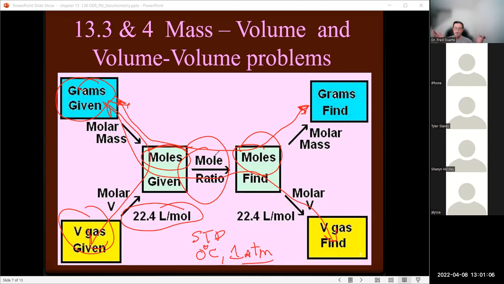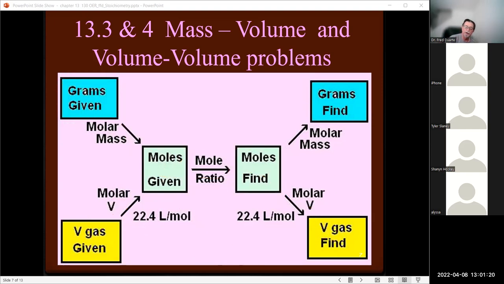And from that point, you can go either to grams of what you're looking for, or the volume of a gas of what you're looking for, if you're at STP. But this flow chart, I highly recommend that when you are working through the problems, you print this flow chart out.